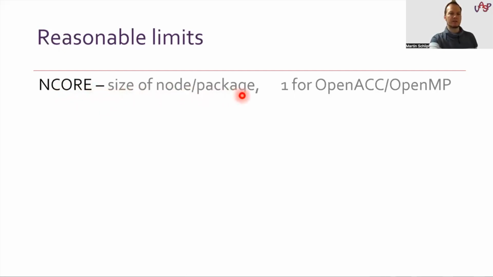This depends, as I discussed on a previous slide, on the size of your node and package. So you can use as many n-core as you have node or package, but note that for some codes, in particular the GPU version or OpenMP version, you should not use n-core. Actually, the code will enforce that n-core is 1.